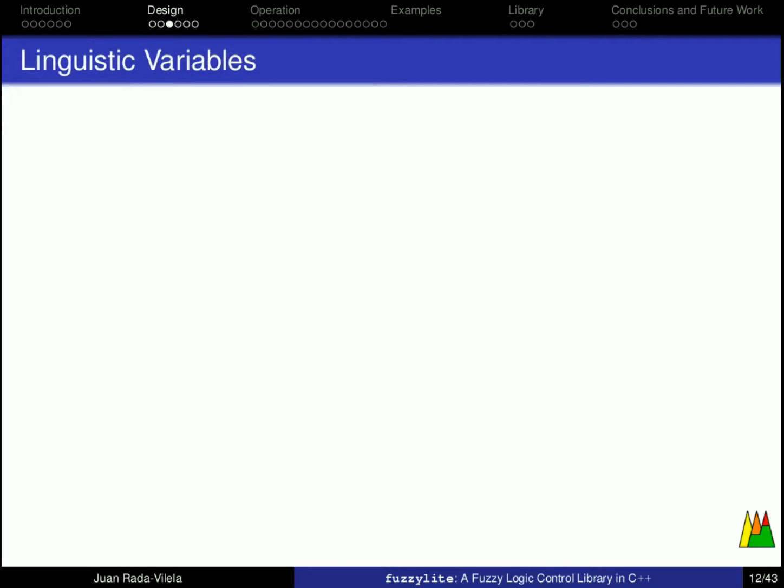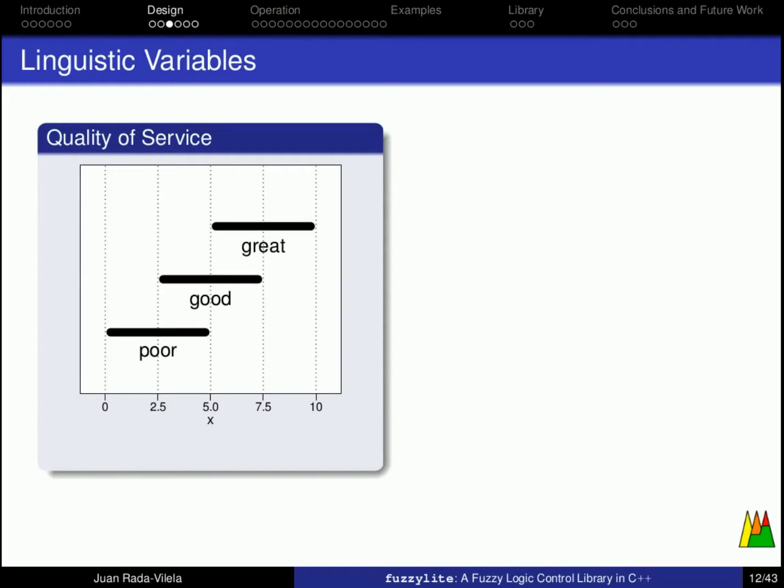Having said that, the quality of service is a linguistic variable whose range goes between 0 and 10, and it is divided in 3 overlapping terms, namely poor, good, and great. Thus, if you rank the quality of service as 2.5, the term associated to that is poor.